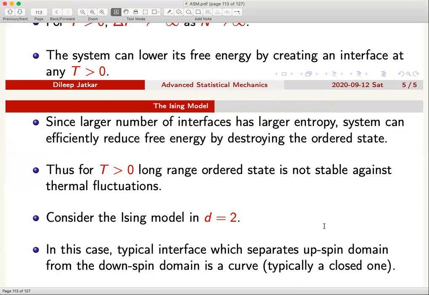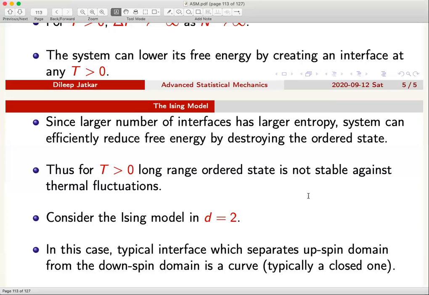I say typically because you may have a domain bounded on one side by the boundary of the system. In that case, of course, it would look like an open curve. But barring such situations, for any domain inside the bulk of the system, the interface would have the shape of a closed curve.